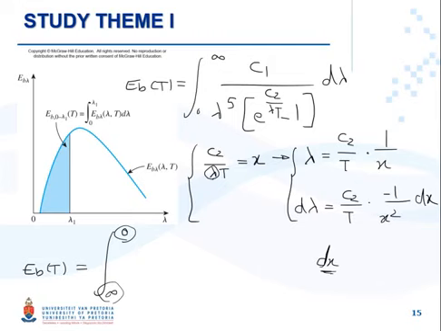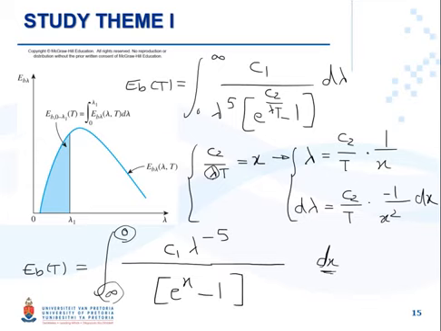So the limits go from infinity to 0. We keep the C1, and lambda^5 goes to the top as minus lambda^5, over e to the power of x minus 1, dx.